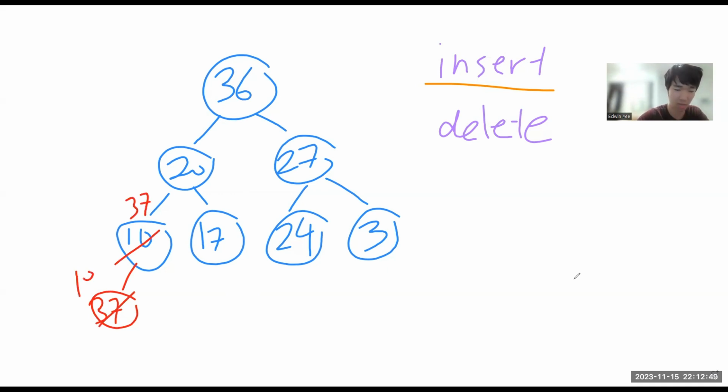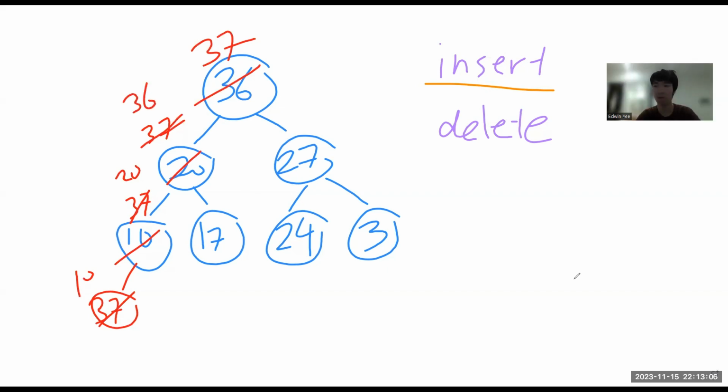This 37 becomes 10. And then are we done? No, because we have to keep swapping until the max heap property is satisfied. So do it again. And we have to do it one more time because we see that 36 is still less than 37. So we will look like this. There we go. So now the max heap property is satisfied and we have a valid max heap.